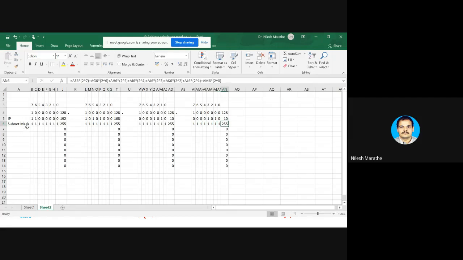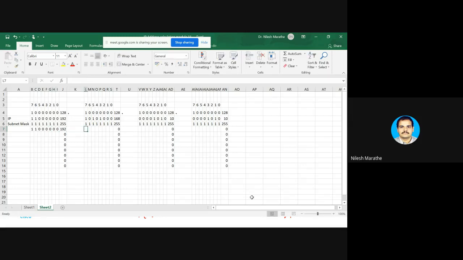Correct? Then wherever the 1 is present in the IP address, that will be replaced as 1 because the AND operation is there. Wherever 0 is there, it will not be considered from the subnet mask. So what will happen here? It will be as it is, 1 1, all other bits 0 0 0 0 0 0.